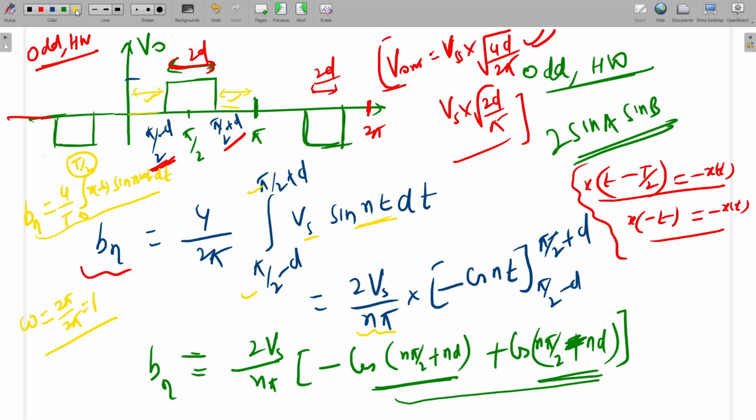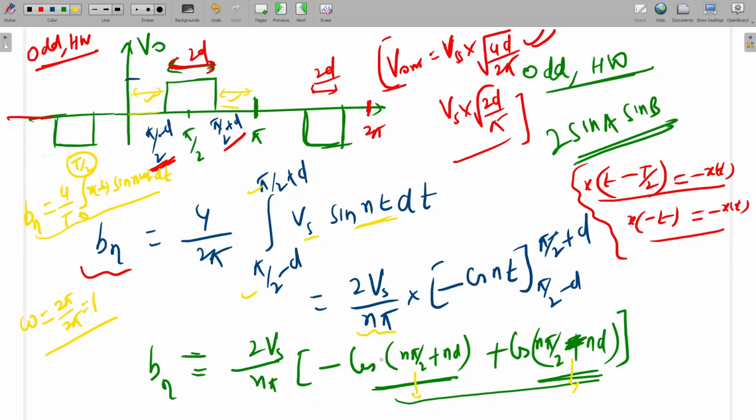Okay. So what is the cos(a plus b) formula? Cos(a plus b) is cos a into cos b minus sin a into sin b. And cos(a minus b) is cos a into cos b plus sin a into sin b. Okay. So here minus is multiplied.